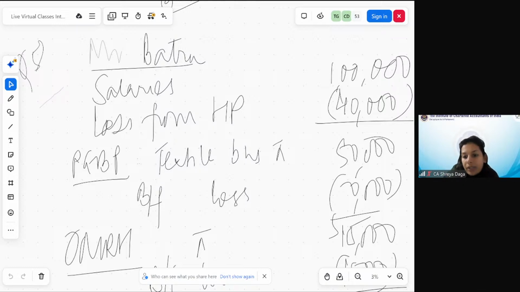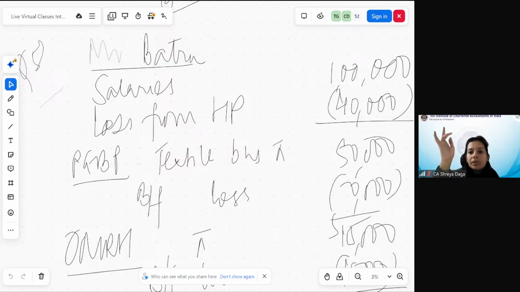Ma'am, when we count the time for carry forward, do we include the financial year in which we incur the loss or start from the next year? You start from the assessment year. The limit is 8 years from the assessment year in which the loss arose. For example, in the last sum, we were dealing with assessment year 17-18. That year, the loss arose. So you take 18-19, 19-20, 20-21, 21-22, 22-23, 23-24, 24-25, 25-26. So assessment year 25-26 is the last year of its life. You use it or you waste it.